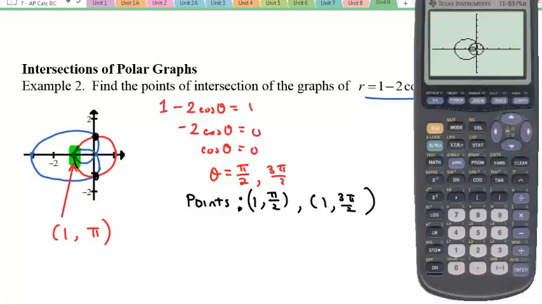And if I actually ask you to calculate what happens at pi, go to your second trace button. I'm just going to go value and plug in pi. Notice that when r1 is evaluated at pi, it's actually not at that particular point there. It's way over here. And at r2, if I move down, that's where you see the intersection point.